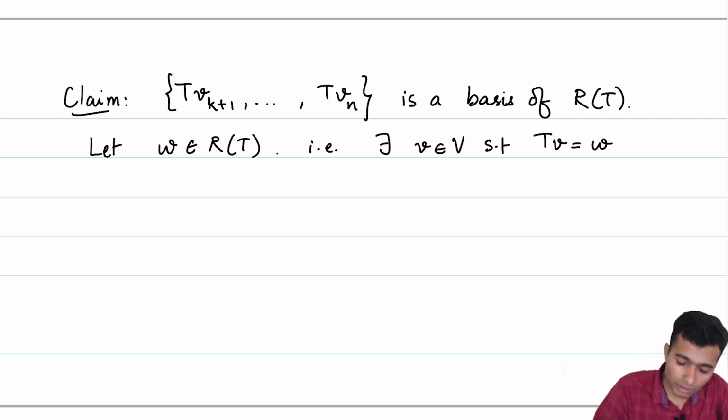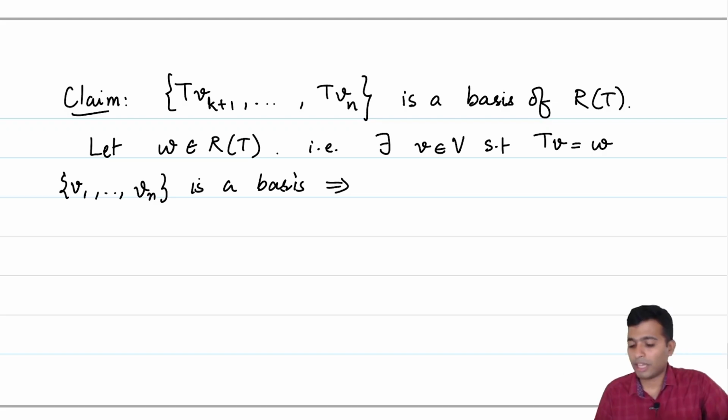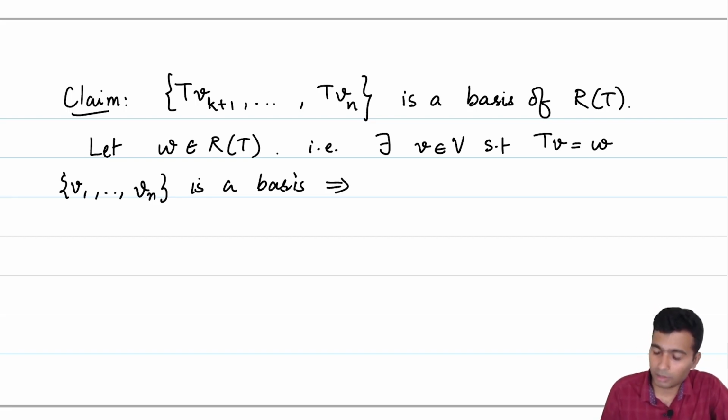But we know that V1 to Vn, we should have called it a basis. Okay, let V1 to Vn be a basis, and therefore every vector of the vector space can be written as a linear combination of V1 to Vn, in fact uniquely, by one of the lemmas or propositions we had proved.